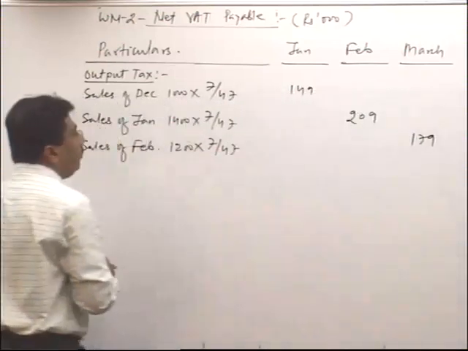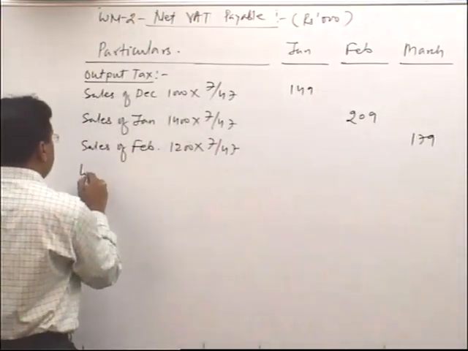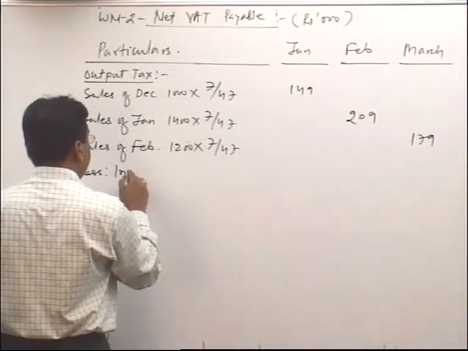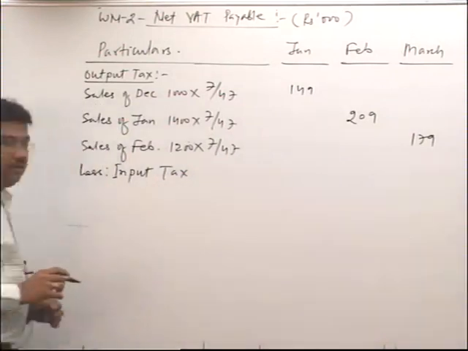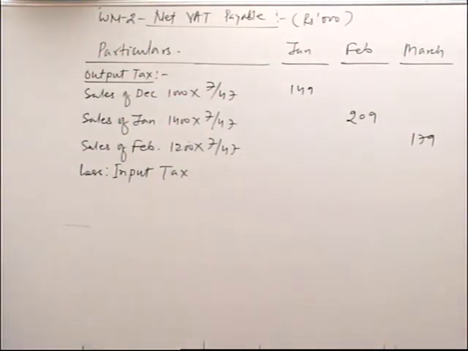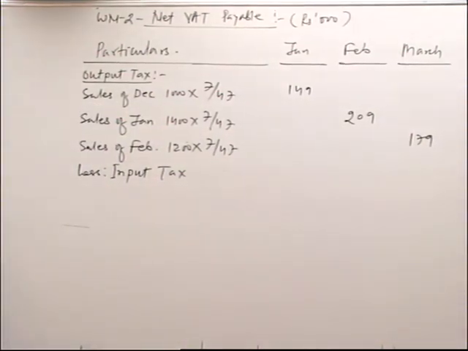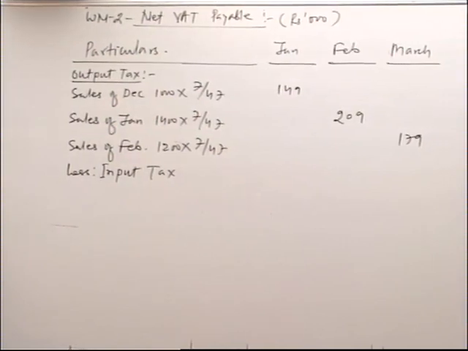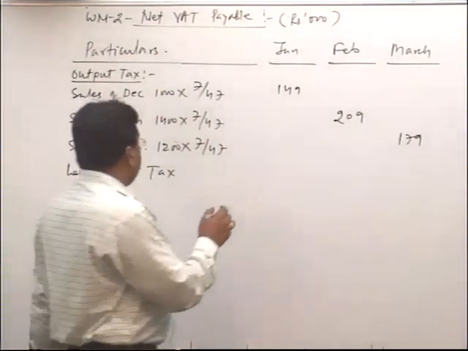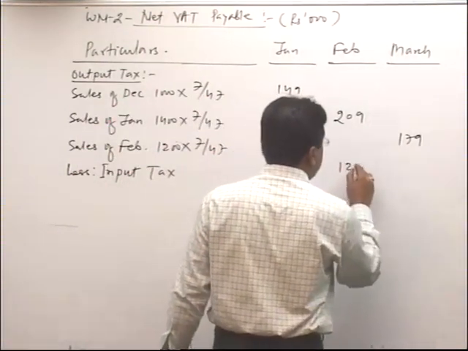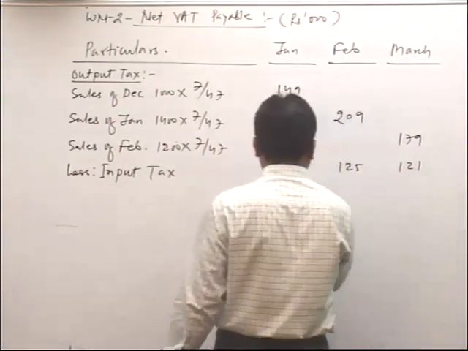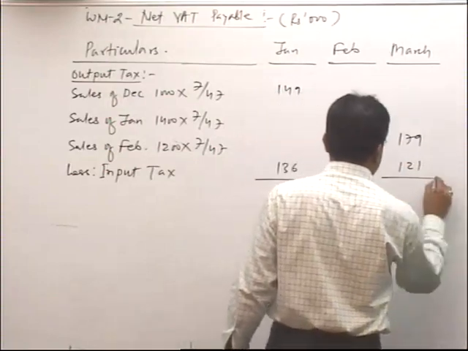Now from this output tax deduct the input tax, so less input tax. Now this input tax is ready-made given and it is 136, 125 and 121. Please refer point number 9.